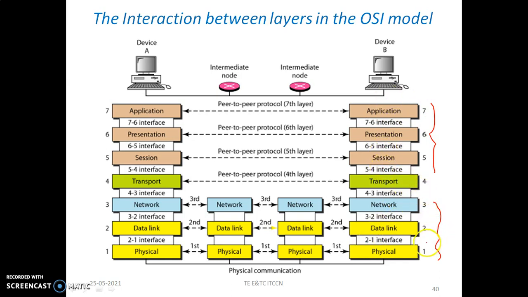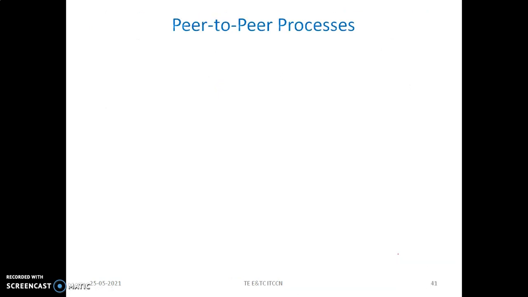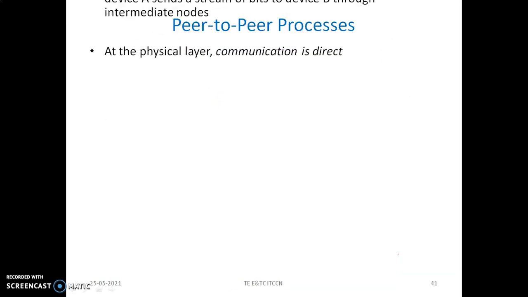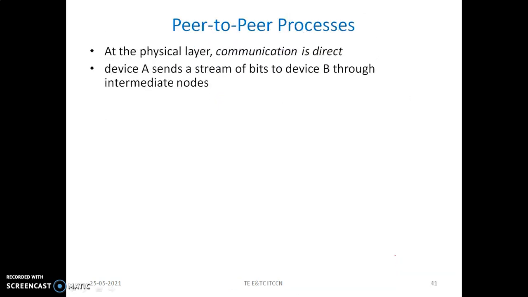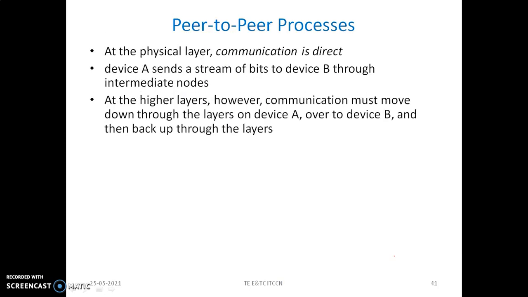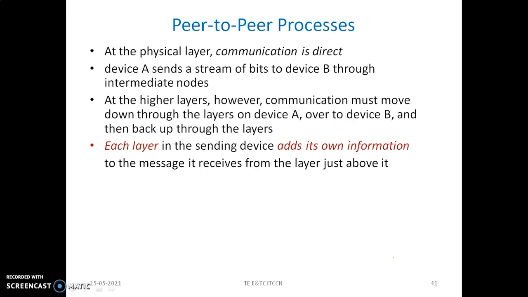Even if the network supporting layers can be either hardware or software, the physical layer is hardware only. It directly connects the 2 lowest layers in the 2 communicating nodes. So that is what this point indicates: the physical layer has the direct communication.